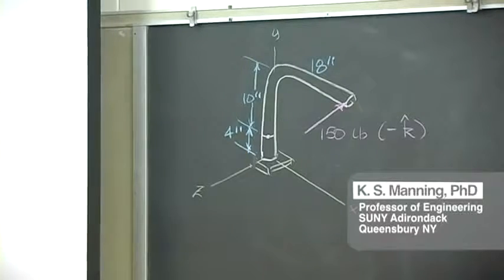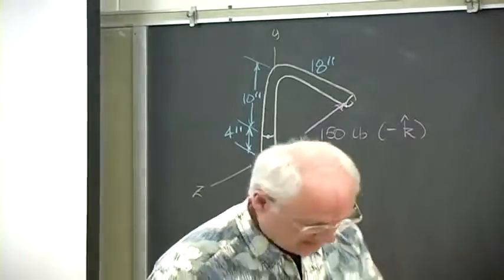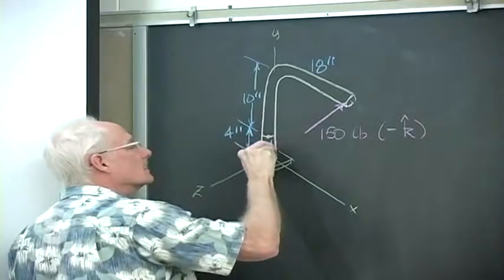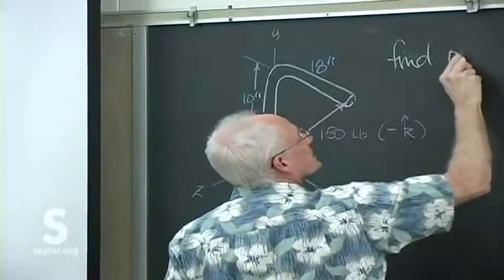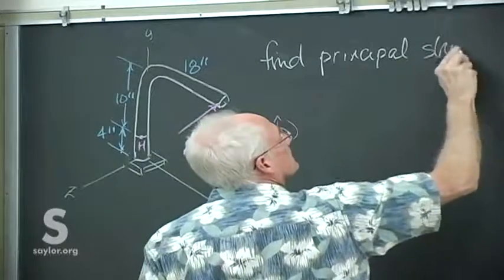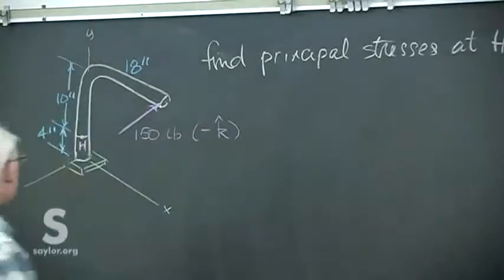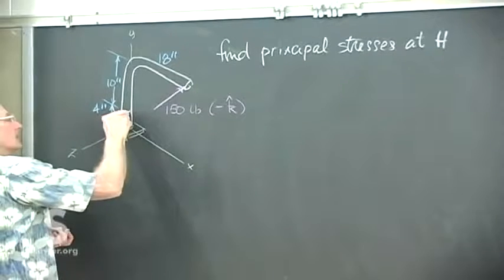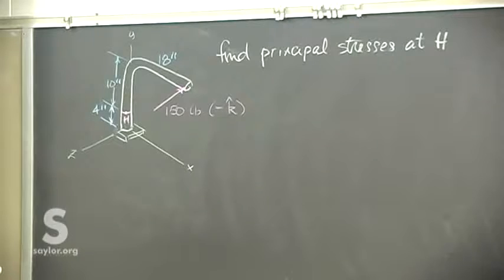For whatever reason, that's the point where we want to do our analysis. We want to look at that point. Label it point H. And we'll find principal stresses and angle at point H. Point H such that it's completely in the XY direction.